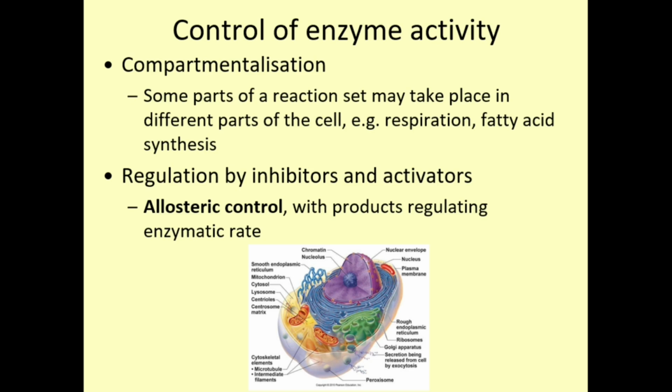But it's quite possible that you can get to a point where you've got a backlog of sucrose and glucose and fructose that the body needs to deal with before you carry on the reaction. So the products of the reaction, in this case, will be glucose and fructose. Well, they can actually attach to the enzyme sucrase and stabilize it in its off position.